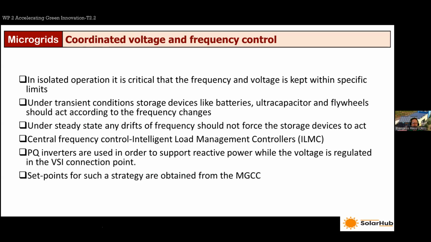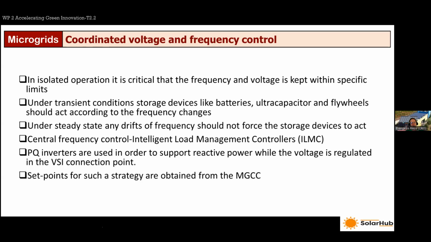It is important that under steady state conditions, any drifts of frequency are avoided. Otherwise, they would force the storage devices to act on this and change their operating pattern in an undesirable way.